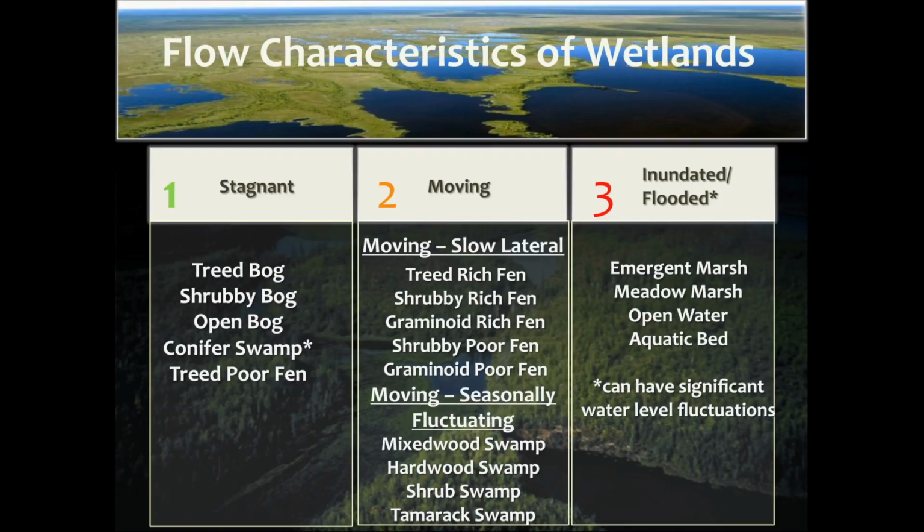And under the moving category, we have two: moving laterally, which are our fen communities, and moving seasonally fluctuating, being our swamps in particular. And how can we utilize this as a tool to guide the development of roads?